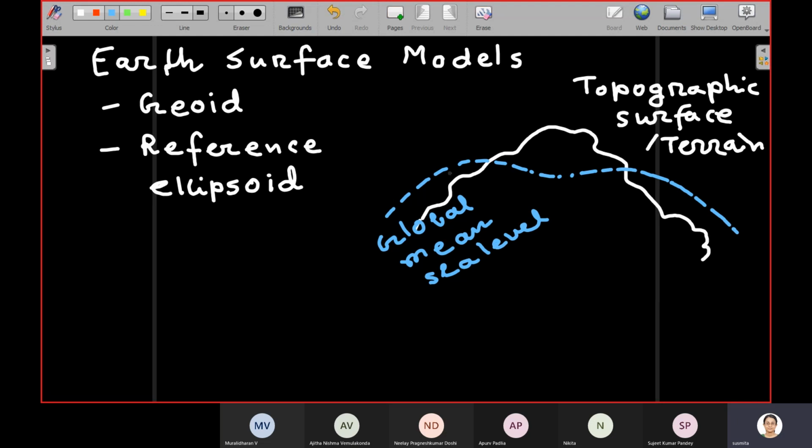You have extended this mean sea level to land, okay? And this one is the geoid.